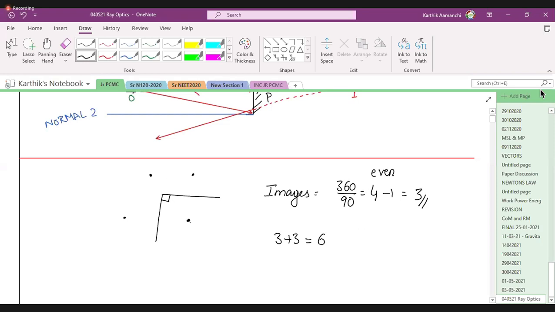But this will again form an image at the intersection of 3 mirrors. So you will have a total of 7 images formed. Now tell me, if two plane mirrors are placed parallel to each other, how many images will be formed? Infinite.